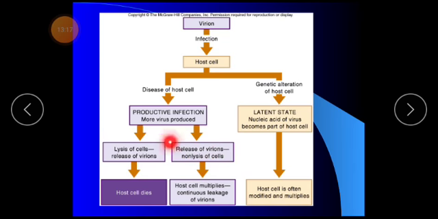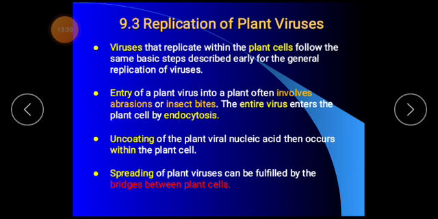There is also release of virions without lysis of the cell. The latent state ends when the host cell is modified and multiplies. And here there is what we call replication of plant virus.